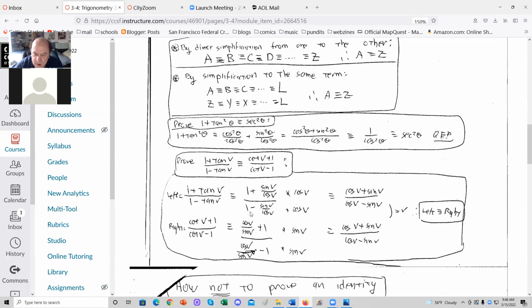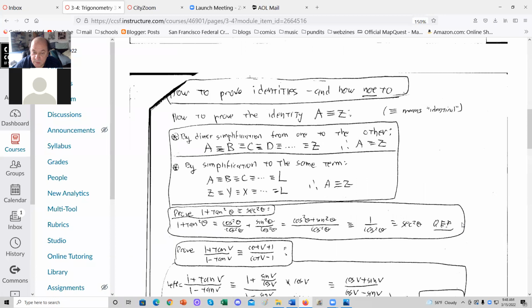In the denominator, cosine times 1 is cosine, minus sine over cosine times cosine is sine. So the left side is cos v plus sin v over cos v minus sin v. Now the right side, cotangent v plus 1 over cotangent v minus 1. We'll write cotangent as cosine over sine, here and here. Then we'll rescale, multiply above and below by sine. And after appropriate multiplications, you get cosine v plus sine v over cosine v minus sine v. But these are identical. They're the same thing. Therefore, the left side is identical to the right. And we're done. Okay.